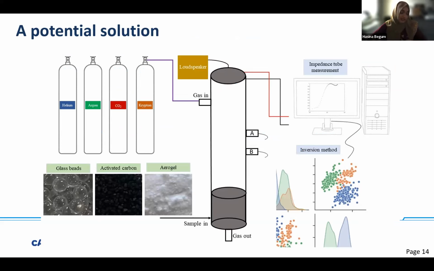So what is the solution then? Well, we have an impedance tube, and the impedance tube has two speakers with a loudspeaker, and we'd have a gas inlet. The gas inlet would have different types of gases available, such as helium, argon, carbon dioxide, krypton even.